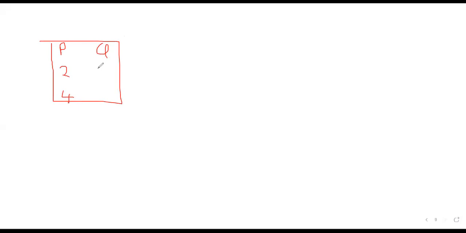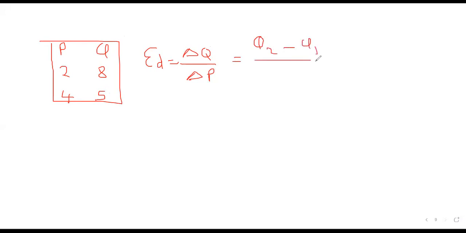The units you were consuming, maybe there were 8 units, but after the price went up, you went to consume 5 units. Calculate the elasticity of demand. The elasticity of demand is change in Q over change in P. If you're using the long formula, it is Q2 minus Q1 divided by Q1, over P2 minus P1 divided by P1.